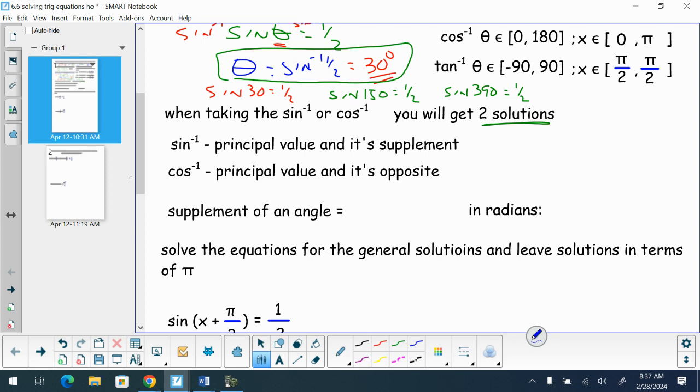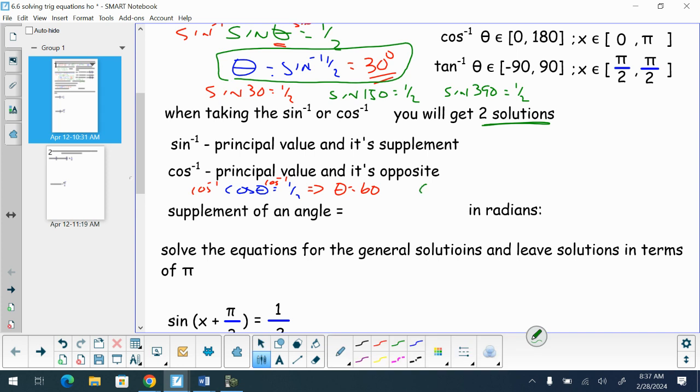Because if we have cosine of theta equal to 1/2 and we take the inverse cosine of 1/2, we get a theta value of 60 degrees. So if I take the cosine of 60 degrees, we get 1/2. And that's our principal value.